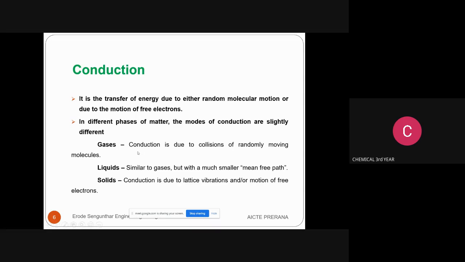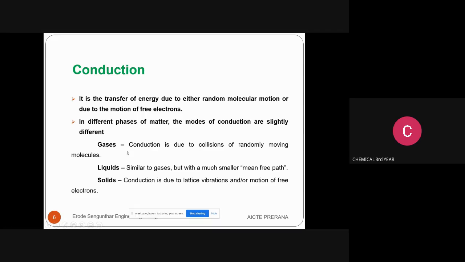While giving the conduction process, it is due to the collisions of randomly moving molecules, so definitely the conduction process will not give much variation, because here particles are moving, that body itself is moving, flow is there. But the basic condition for conduction is that the body should not have any motion. But here the molecules are loosely packed, so definitely that system itself, that body itself, has motion.